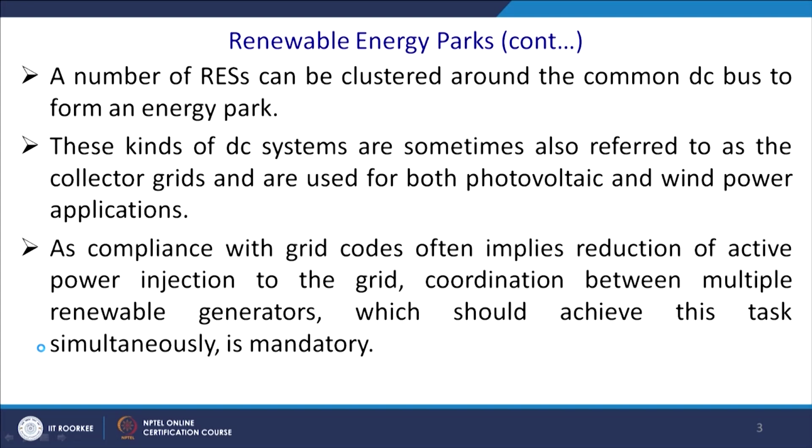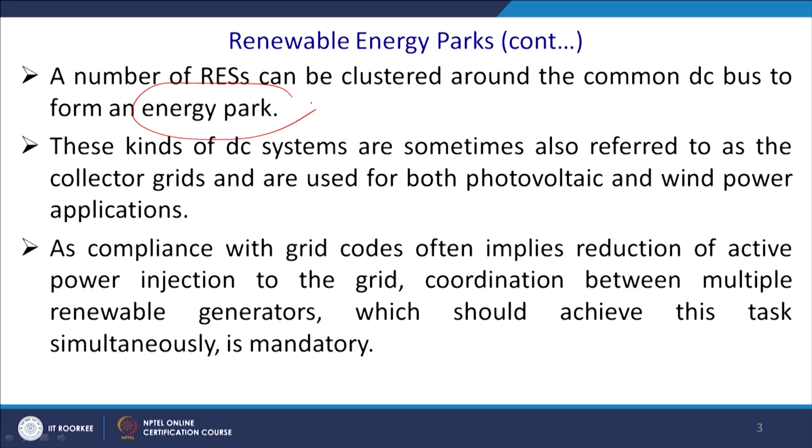So, a number of renewable energy parks or renewable energy storage systems can be clustered around a common DC bus to form an energy park. So, you will put all the solar entities and the power backup into close vicinity, so that your conduction losses will be reduced.